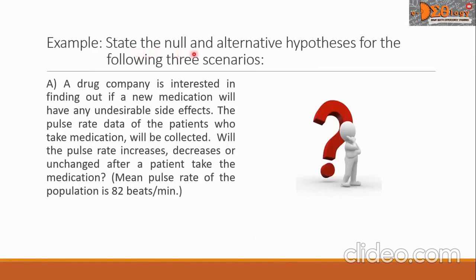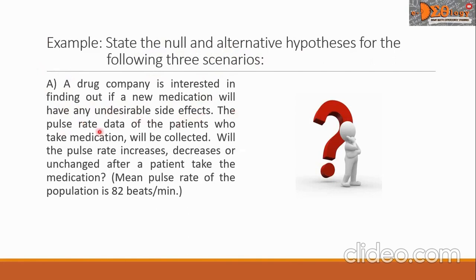State the null and alternative hypothesis for the following three scenarios. This is scenario A. A drug company is interested in finding out if a new medication will have any undesirable side effects.